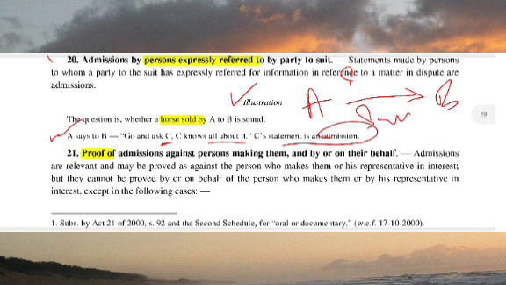Then section 21. Proof of admissions against person making them, and by or on their behalf, or representative in interest.